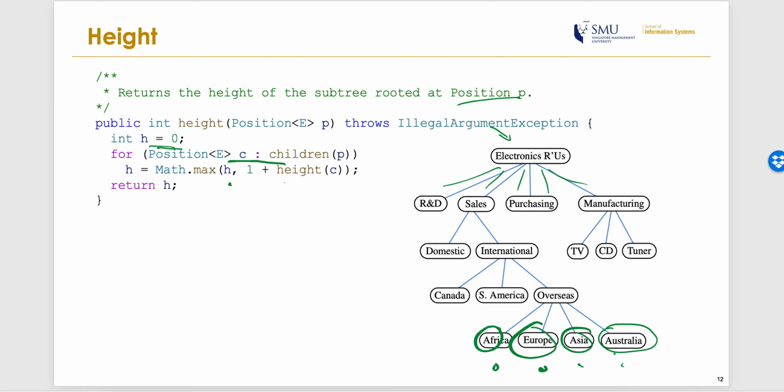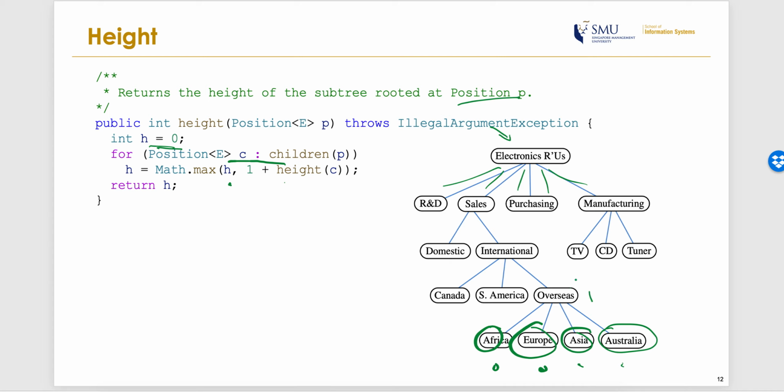Then when we get to the parent, the parent is going to say, what is my height? My height is the maximum between that and 1 plus the height of any of my children. In that case, there was 0 before, so now it's 1.